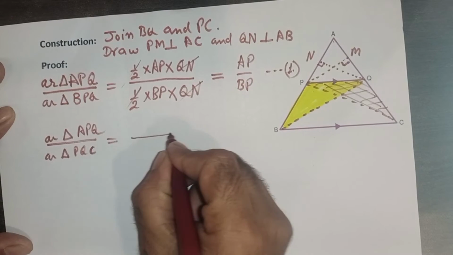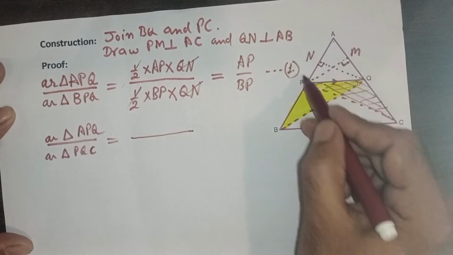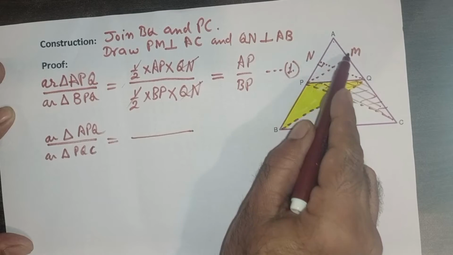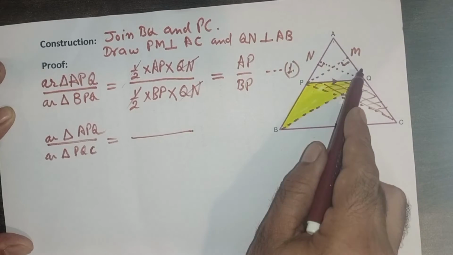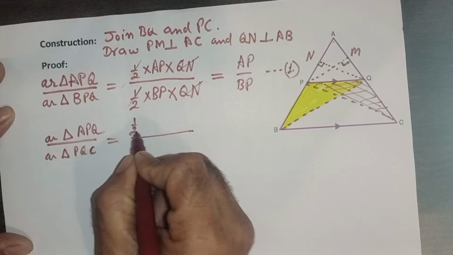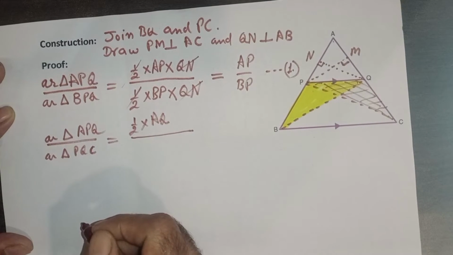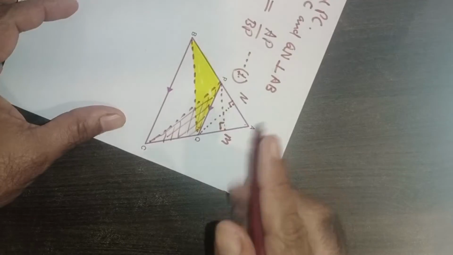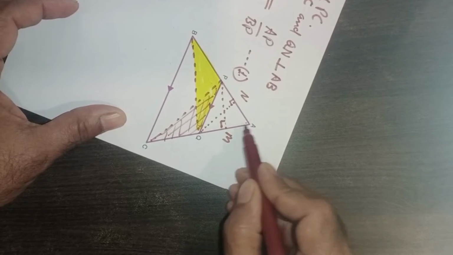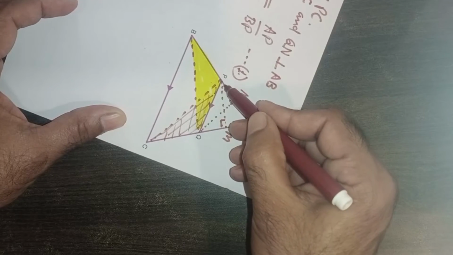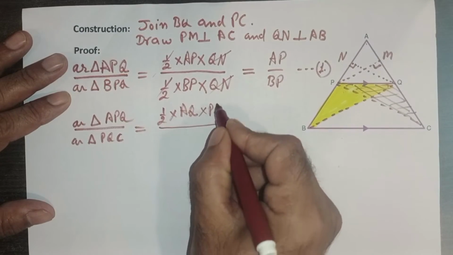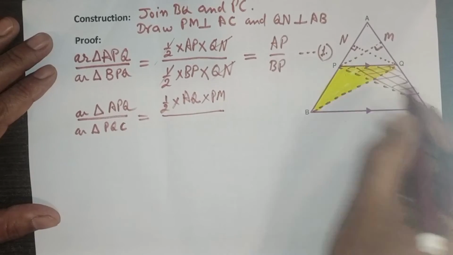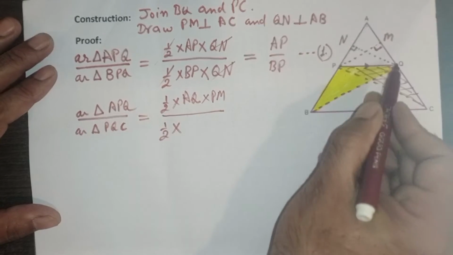Students, this time for the triangle in the numerator, we shall take AQ as base, because now we have to go to the other side. So half into base AQ. So here we have taken AQ as the base. Of course the altitude is PM. Now in the bottom, for this triangle, half into base.